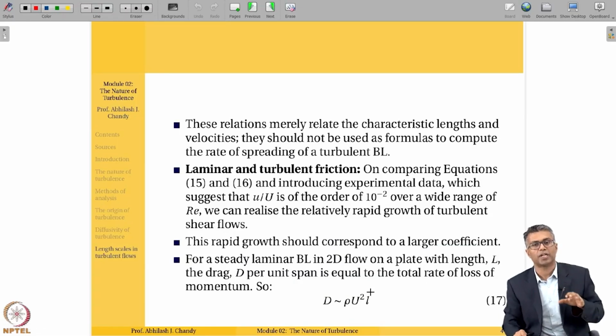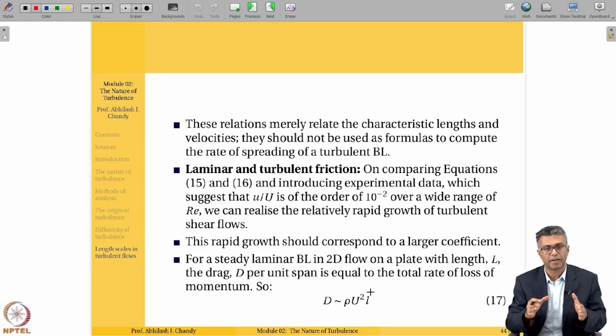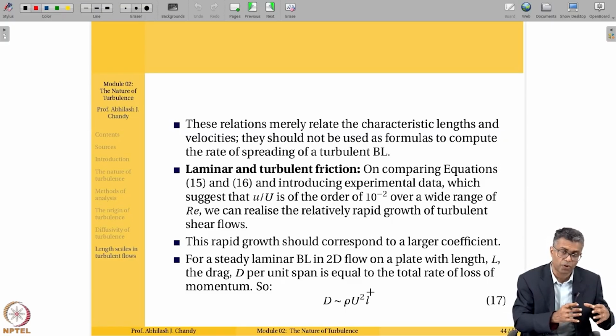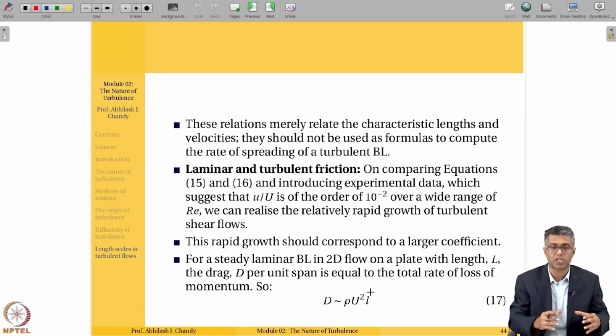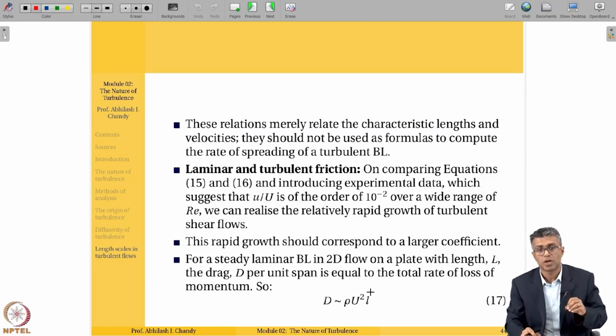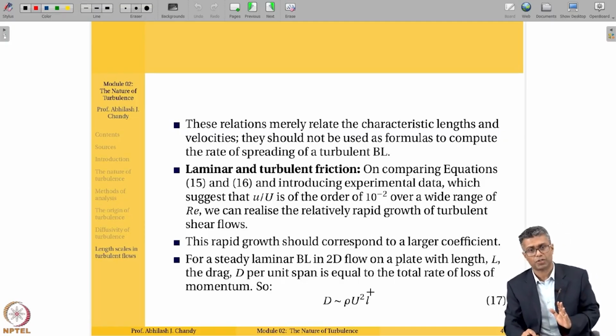So essentially these relationships mainly relate the characteristic length scales to each other and the characteristic time scales to each other. We are just doing an order of magnitude analysis. You should not use these as a formula to calculate, say, the time scale. It is just for us to get a grasp of what the time scales are and what the length scales are. So now let's use this to estimate a very realistic quantity like friction, and we will consider both laminar and turbulent friction.